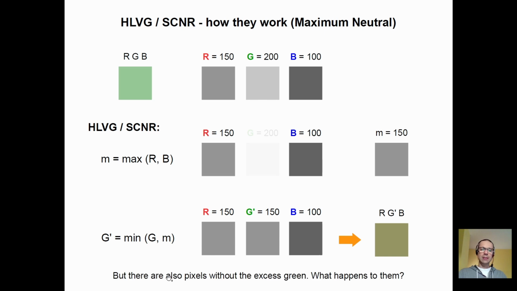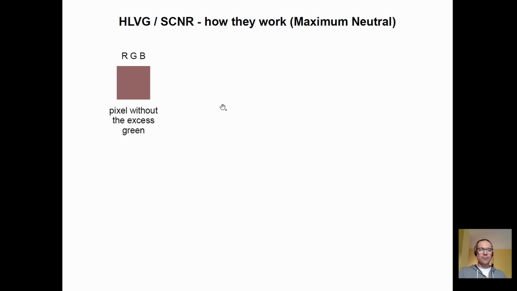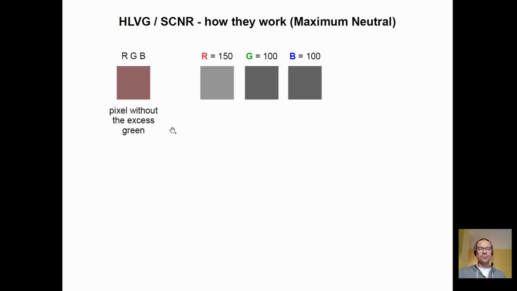But in the image there are also pixels without the excess green, in other colors. What happens to them? So let's check it out. For a pixel which doesn't have the excess green, if we check the color values, let's assume the red is 150, the green is 100, and the blue is also 100.